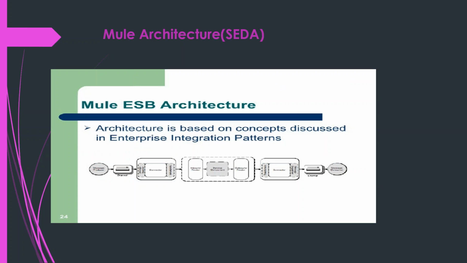So this is the architecture Mule uses, called SEDA, staged event-driven architecture. Staged event-driven architecture is more of a queue-natured kind of architecture. The Mule server itself is designed in such a way that everything is divided into stages.